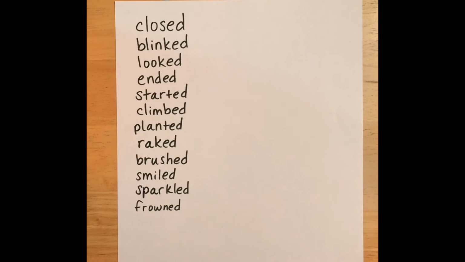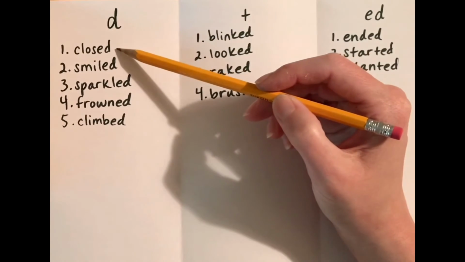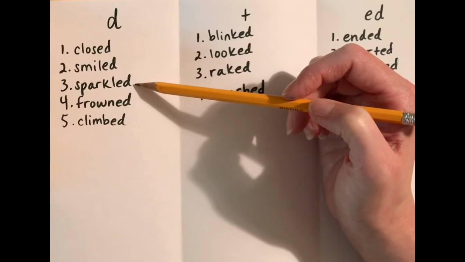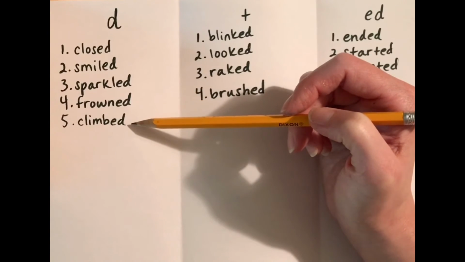Hopefully you've had time to put these words into the 3 different columns. I'm going to show you my answer key and read each word aloud so that you can hear again the 3 different ways that an ed ending can sound. In the first column, we have past tense verbs where the ed ending makes the sound of the letter D. Those verbs are closed, smiled, sparkled, frowned, climbed.